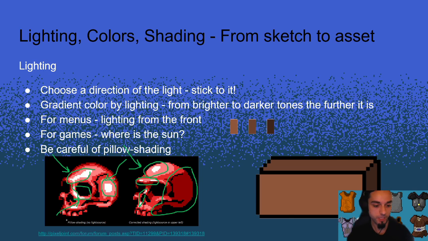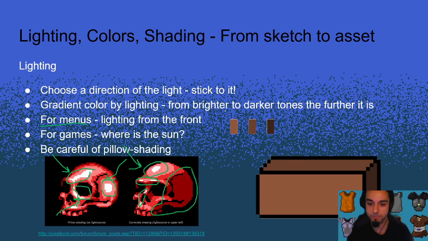Pillow shading, like how we saw here, can be quite nice and useful for menus because we want the menus to pop. We don't normally want the menus to have a particular direction, except if our art style says that they need to have a particular light direction. But for games, you need to ask yourself, where does the sun come from or where do the light sources come from?